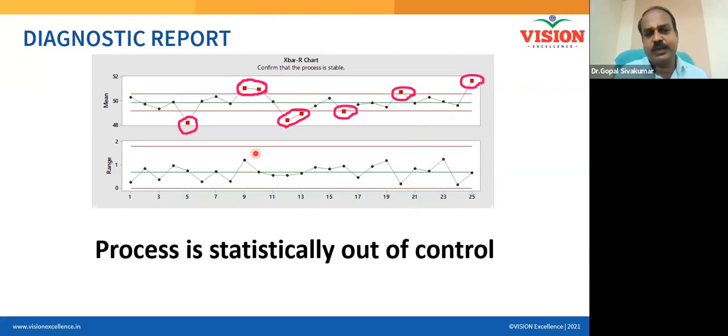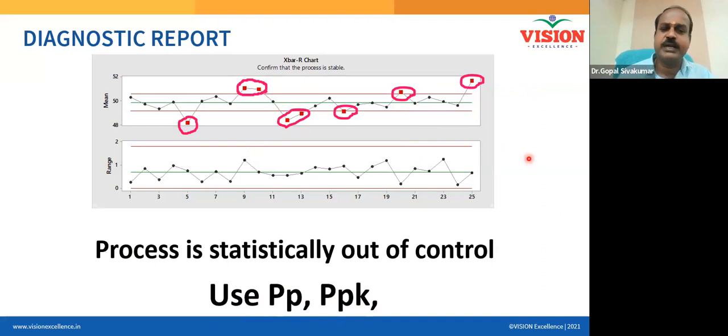So here clearly the process is statistically out of control and capability analysis is not recommended. If you still conduct the capability analysis, look for a better Pp/Ppk and don't settle with Cp/Cpk, because Pp/Ppk is a better estimate than Cp/Cpk.